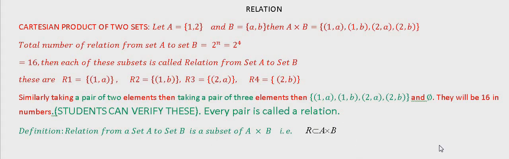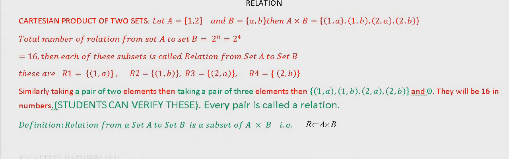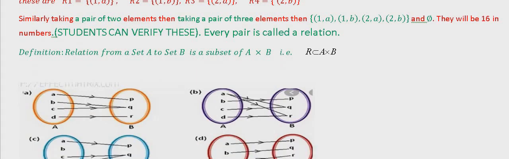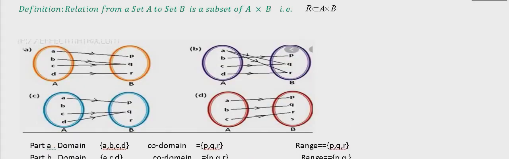Now let us see this in another form, which is called a Venn diagram. Let me have the diagram with two sets containing a, b, c, d and p, q, r.